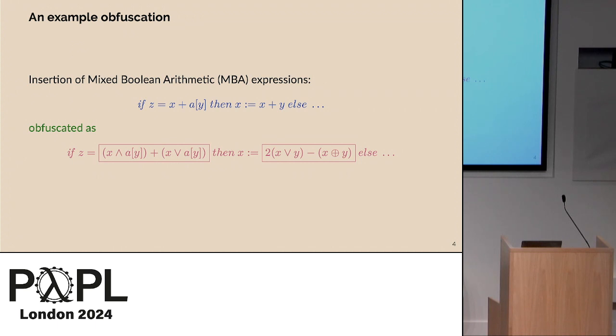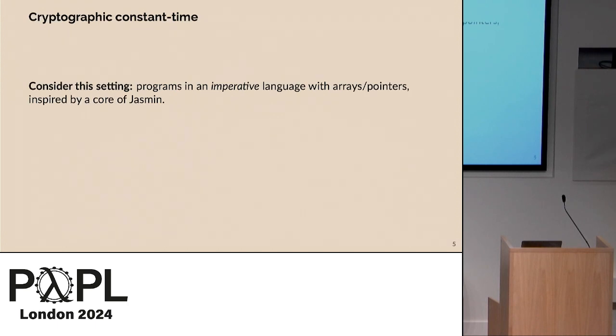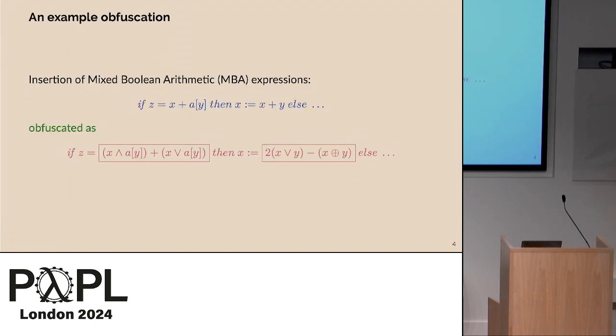There's a class of these rewriting rules, which is quite well understood for finite fields. It may not be trivial that this is correct, but it works for integers, so finite fields.